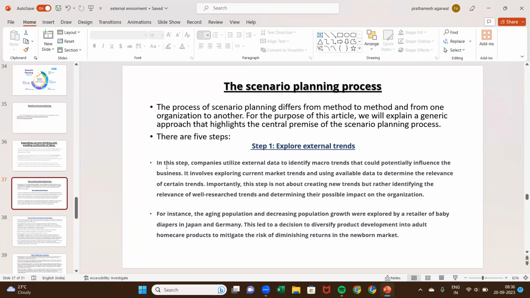In this step, the companies utilize external data to identify macro trends. Now you know what is micro and you know what is macro. Micro is at a smaller level, macro is at a larger level.